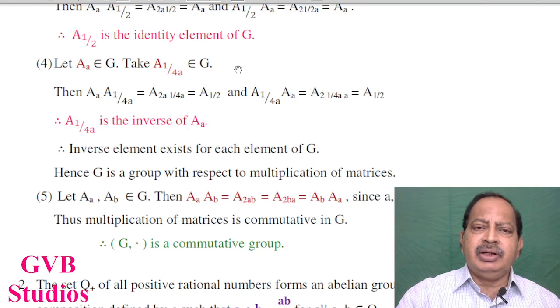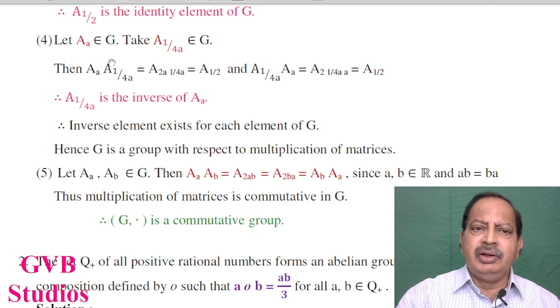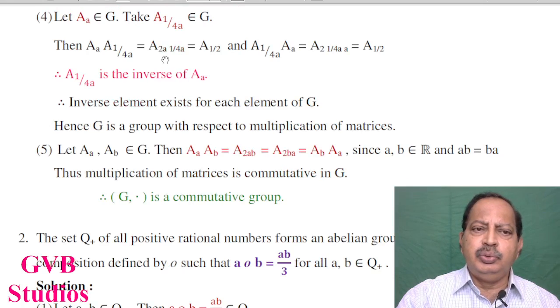Again, by observation, we can guess the inverse element of A_a. Let A_a belong to G. Take A_{1/4a} belong to G. Then multiplying A_a by A_{1/4a} gives A_{2a·1/4a}. Here a is cancelled, 2 is cancelled, and we get A suffix 1/2. And on the left side also, A_{1/4a} into A_a gives A_{2·1/4a·a}.